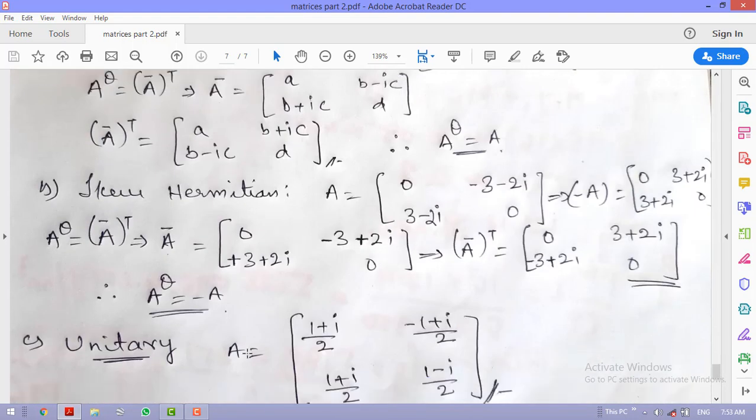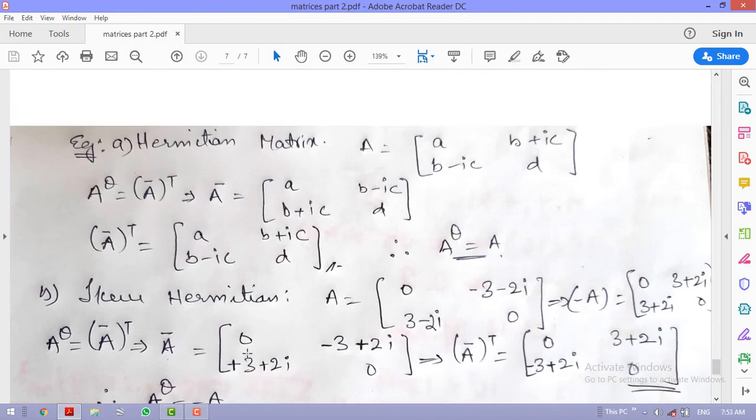Okay. At last, let us see the example for this. For Hermitian matrix, if A is equal to a, b plus ic, b minus ic, d, then first A conjugate: this b plus ic has been changed to b minus ic, and this b minus ic has changed to b plus ic, and this d is the same because there is no complex number.